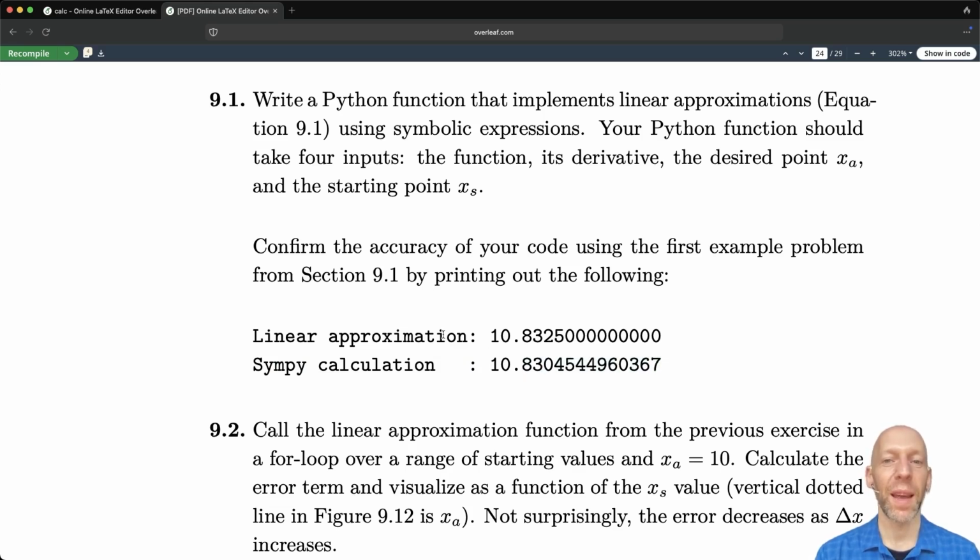If you can get this output using the example problem that we worked through in the beginning of this chapter, then you can be comfortable that your linear approximation code is correct, and then we can continue exploring it in the next exercises.